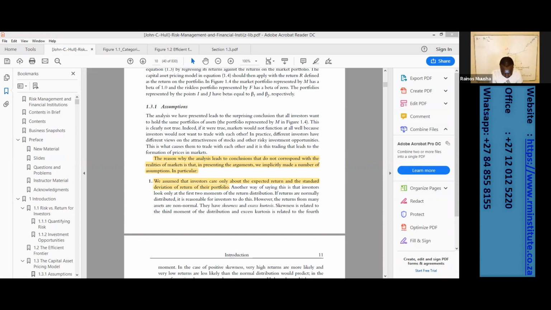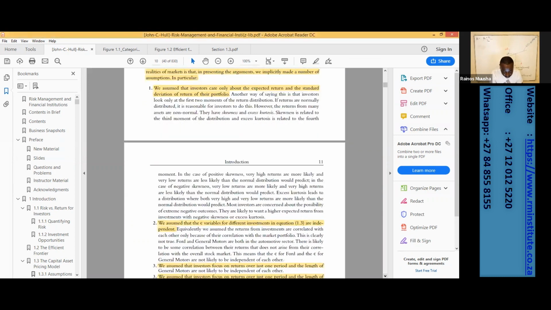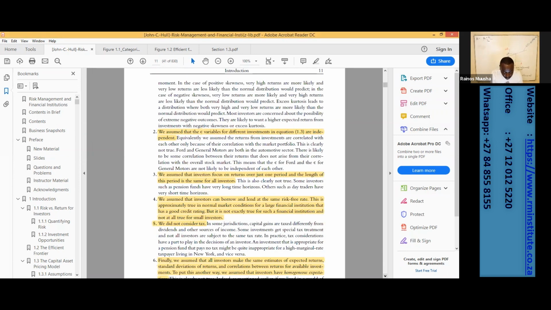Then, on page 11, we assumed that the error variables for different investments in equation 1.3 are independent, so there's no relationship between the error variables and the performance of the different securities. Then number 3, we assume that investors focus on returns over just one period, and the length of this period is the same for all investors.